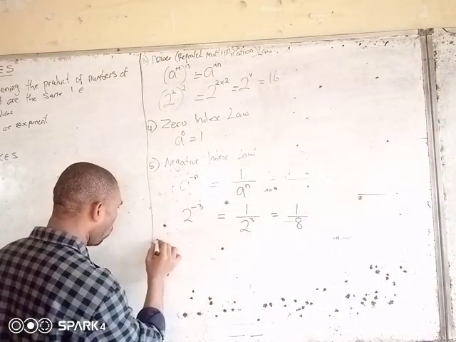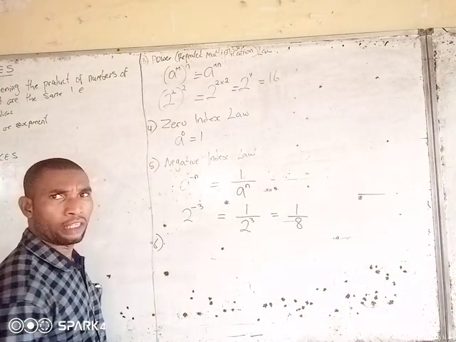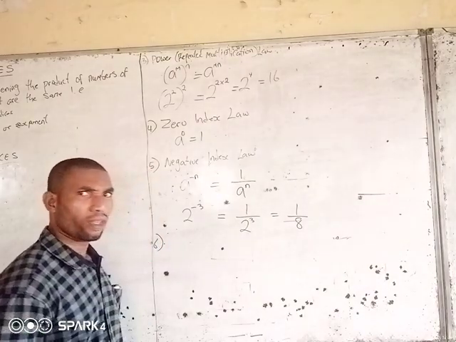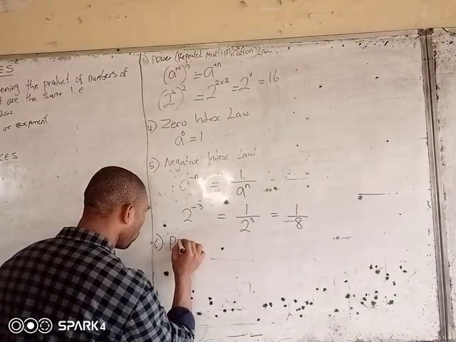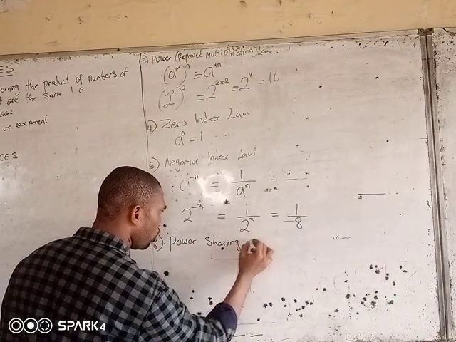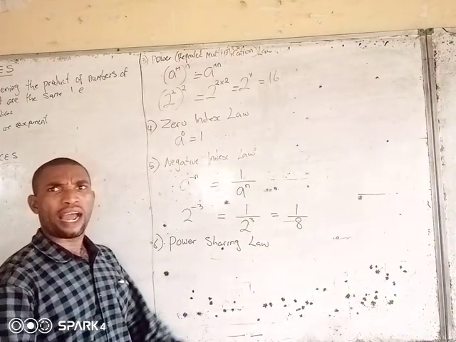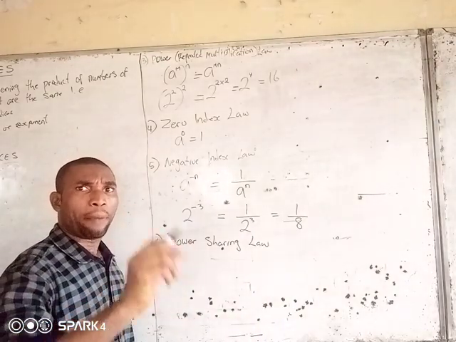Now, the next law is what I call the power sharing law. Some textbooks call it the product power law, but I call it the power sharing law. The power sharing law is simply saying that we have different bases that are raised to a particular power.